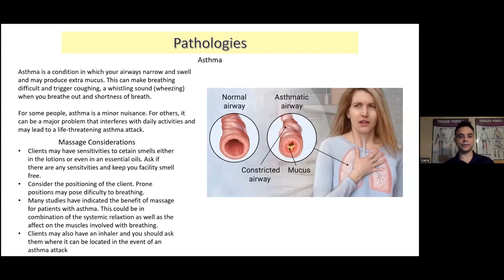Asthma can be caused by smelling something, stress, or other onsets. So with that, try to make sure that your rooms don't have particular smells that could cause asthmatic attacks. Again, consider the position of the clients. There are lots of studies that show that massage for people with asthma is very beneficial, mostly because of the relaxation effects that it has.